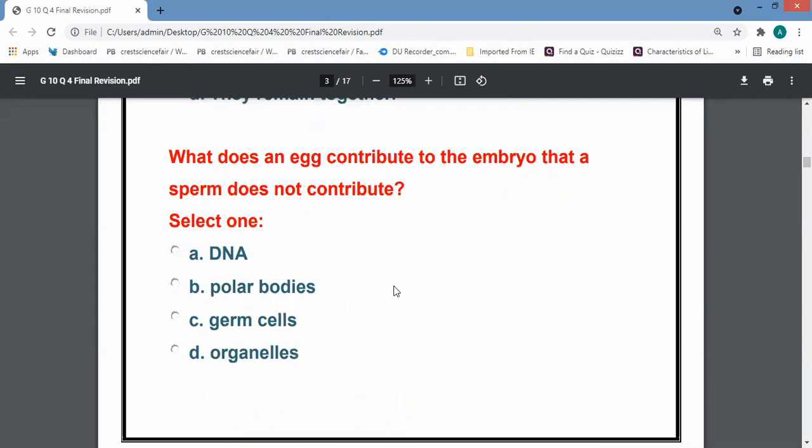What does an egg contribute to the embryo that a sperm doesn't contribute? Which means the egg cell, or female sex cell, gives what to the embryo that the sperm doesn't give to the embryo?